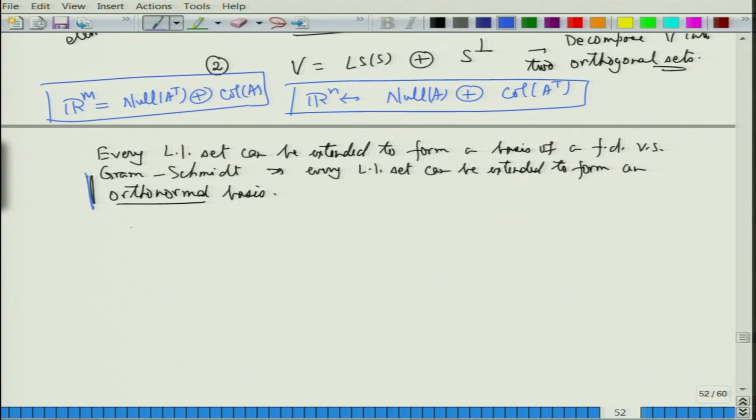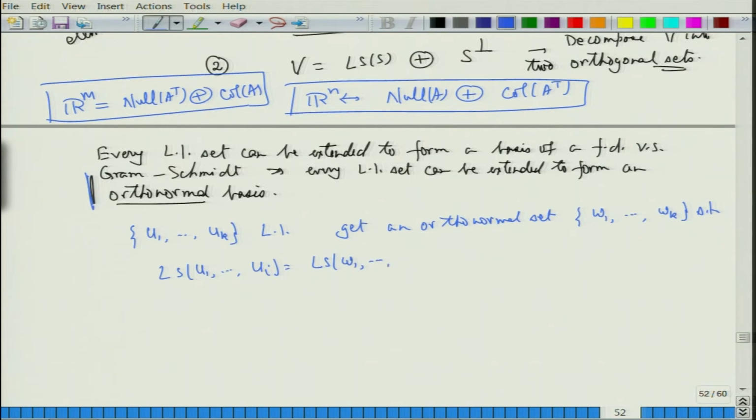There the idea was that I have a set U1 to Uk, linearly independent, and I get an orthonormal set W1 to Wk such that the linear span of U1 to Ui is the same as the linear span of W1 to Wi, the length of Wi is 1, and the dot product between Wi and Wj is 0 for all i not equal to j.